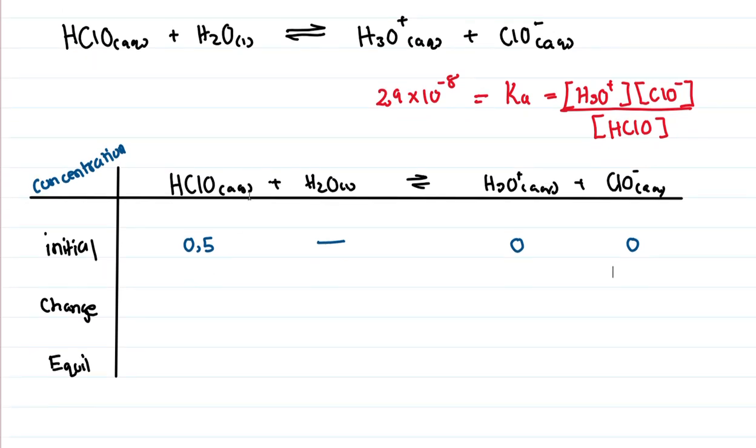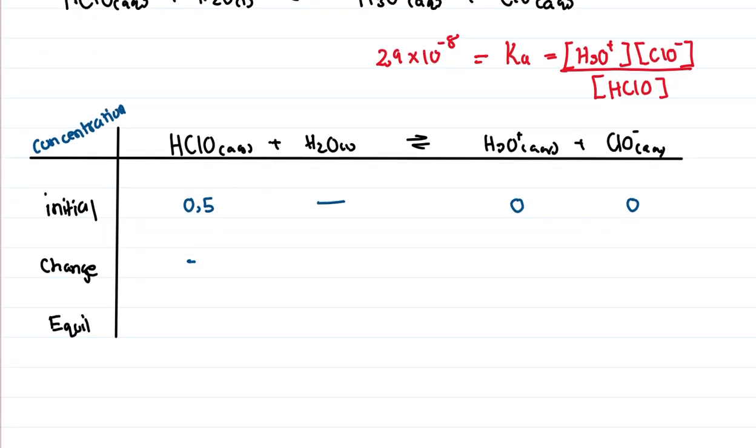The change here is going to be minus x, and here nothing, so here is positive x, and also here positive x. In equilibrium we're going to have 0.5 minus x, nothing there, and here we're going to have x, and here we're going to have x.